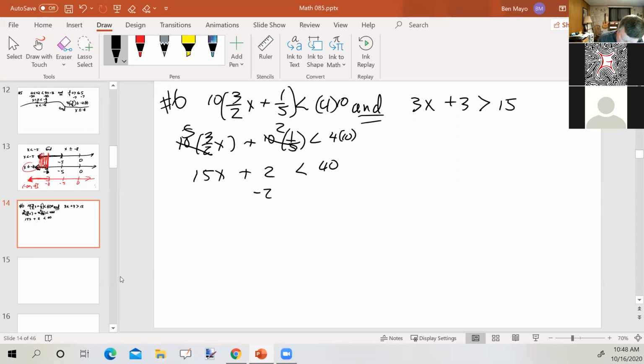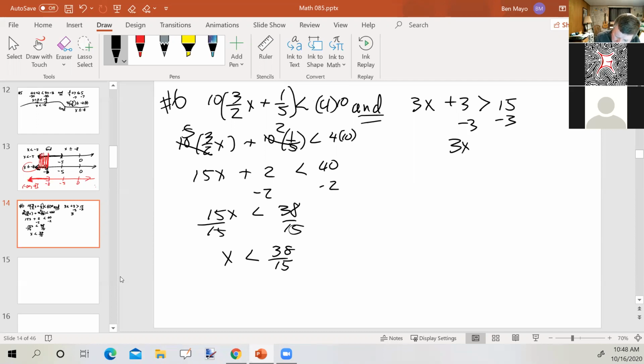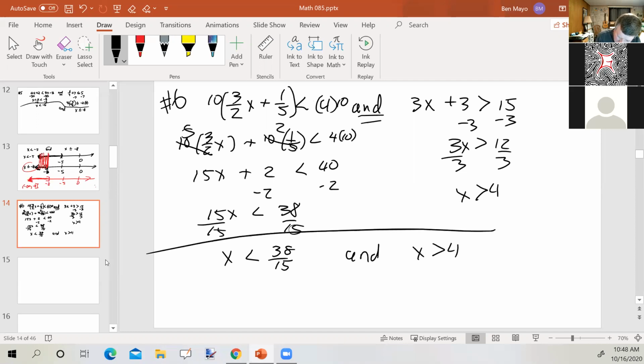I'm going to subtract 2 from both sides. 15x less than 38. Divide by 15: x is less than 38/15. I don't think that reduces, so we'll just leave that. We could write it as a mixed number, but we'll leave that. Then the second one, subtract 3. 3x greater than 12. Divide by 3. x greater than 4.